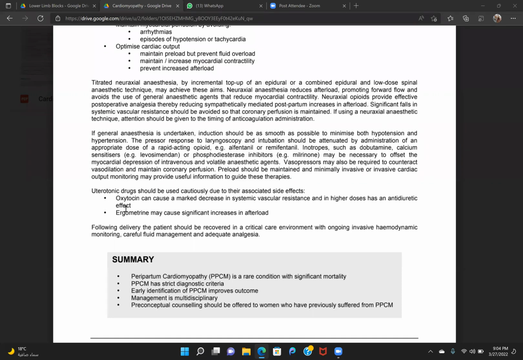If you are using oxytocin, try to avoid boluses. You can give an infusion in low dose. If you have to give a bolus, you should not be giving more than 3 to 5 units. And ergot, again, will increase afterload and it can aggravate the symptoms.